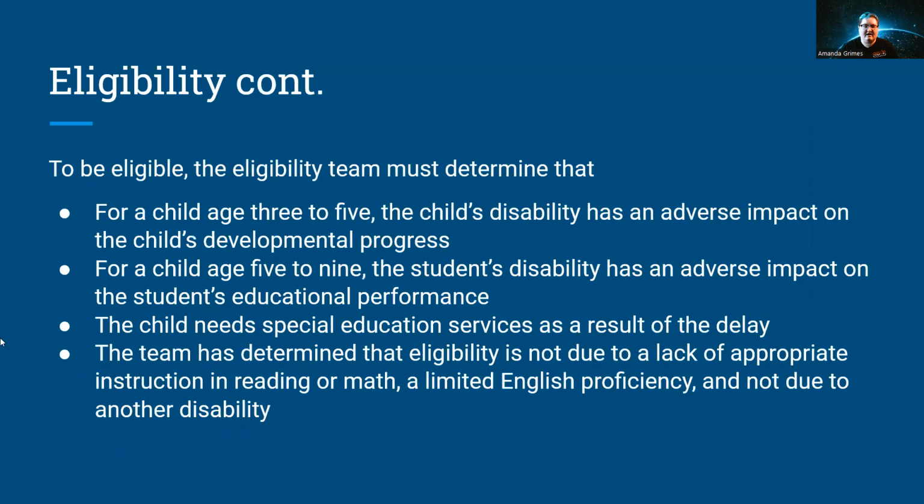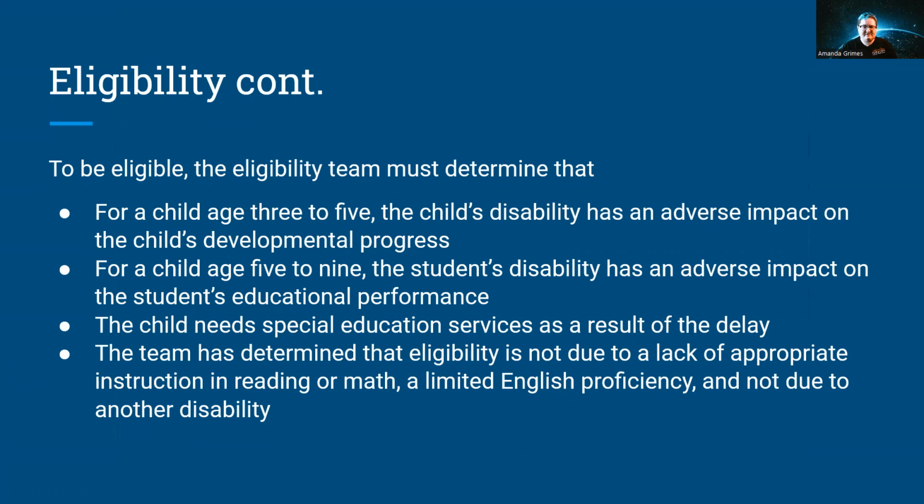Similarly, to be eligible, it must be determined that the child aged 3 to 5, their disability has an adverse impact on developmental progress. For age 5 to 9, which is school age, the student's disability needs to have an adverse impact on their educational performance.